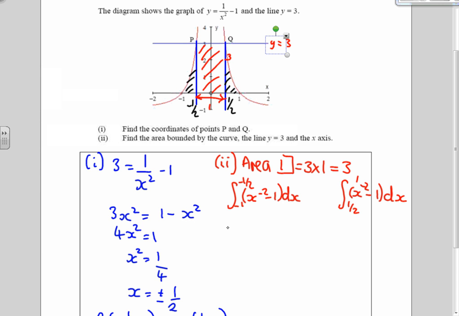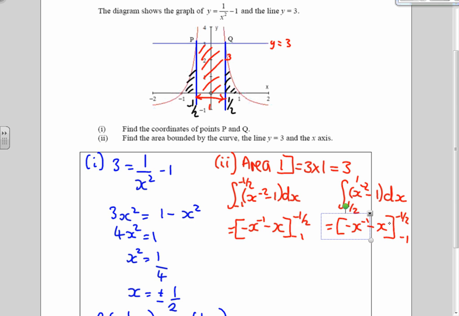So when I integrate this, add 1 to the power would give me x to the power of minus 1, and divide by the new power is just minus x to the power of minus 1. And then minus 1 integrates to minus x, and evaluating that between minus 1 and minus a half, and then the same over here. So that gives me minus x to the power of minus 1 minus x, between minus a half and minus 1.